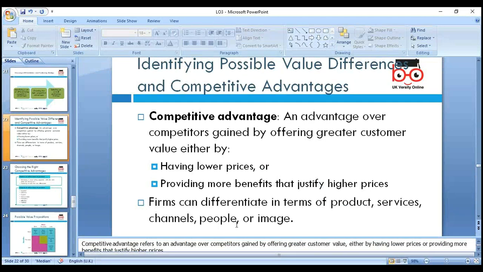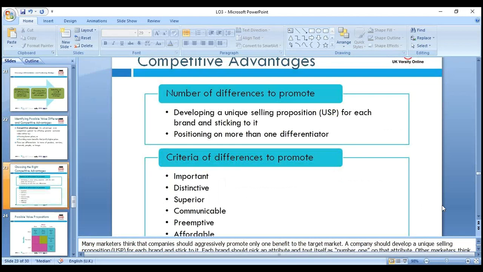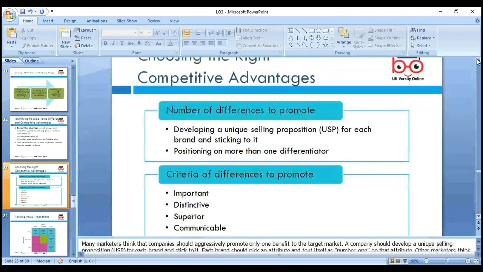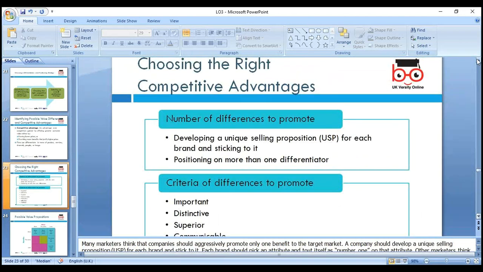If we focus on these, that will help us maximize our market share as well. A firm can differentiate in terms of the product, service, channel, or the image of the product. Always we need to look around choosing the right competitive advantage. So developing a unique selling point, the USP. The USP is the unique selling point for each brand, and sticking to it.